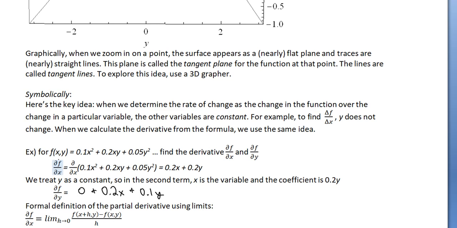Now where is that h going to appear? Remember that with df dx we want y to stay constant. Therefore, the limit as h goes to 0, f of x plus h comma y minus f of xy, all over h. Notice that the plus h is only in the first coordinate and the y is constant.